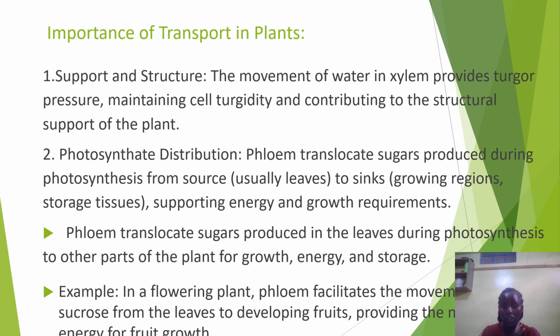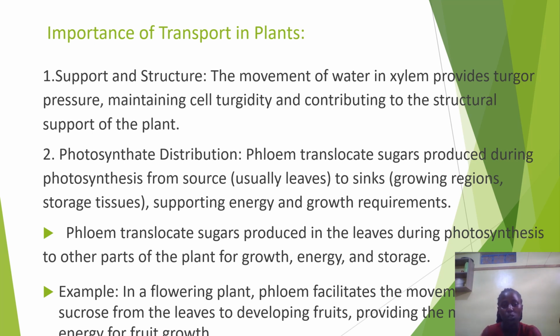So note the sink and the source, supporting energy and growth requirements. So photosynthetic distribution is when the phloem translocates sugars. Translocating is the same as transport, produced during photosynthesis from the source.